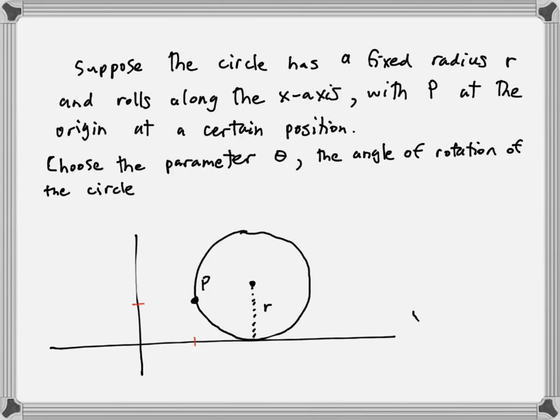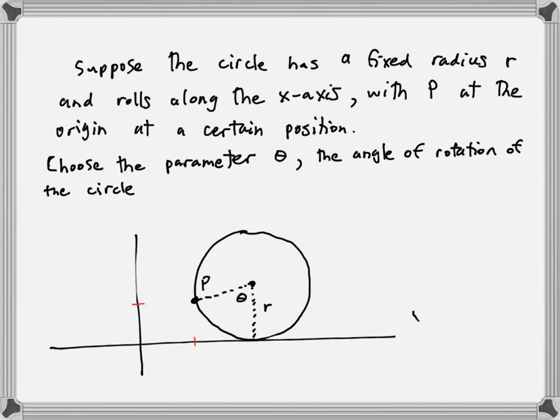And so what we're assuming then is that this has rotated an angle of theta. So that means that if we started rolling the circle to the right, this angle right here would be theta. Okay.